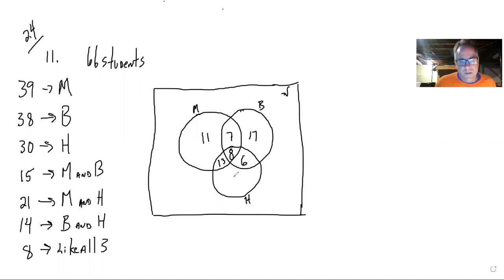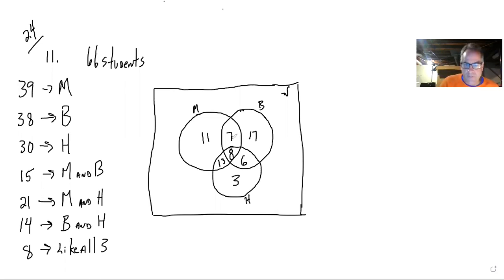And then I would go here. It says I need to have 30 in this set of Haydn, of which I have counted 13 plus 8 plus 6, so that gives me 27. That would leave me three more to get my total of 30. The only region I haven't put anything in is here, but we know that this has to add up to a total of 66.